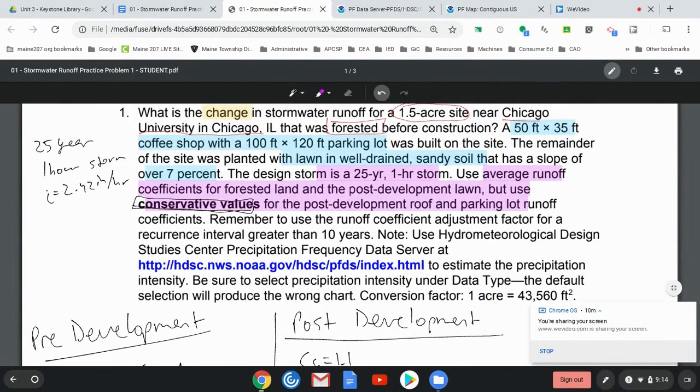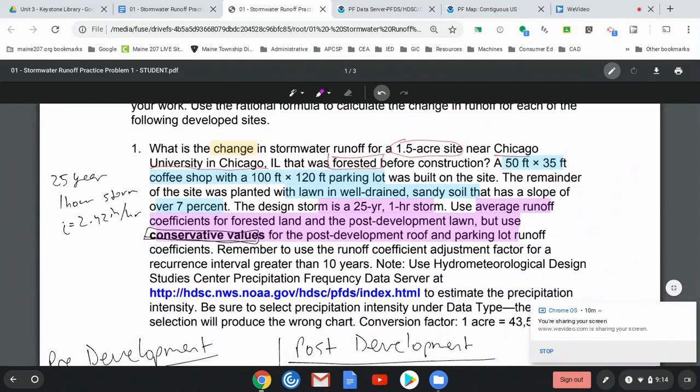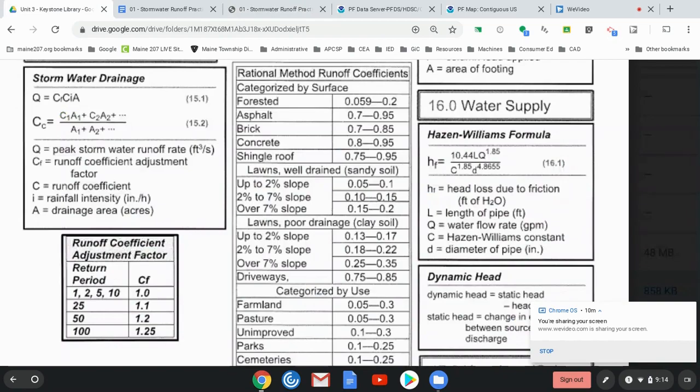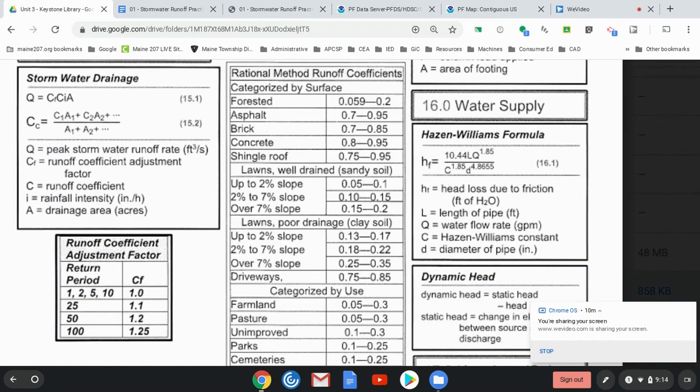All right, and then for the grass area, it did say we could use average values, right? So use average runoff for the forested and the post-development lawn. So post-development lawn, it said well-drained, sandy soil, slope over 7%. Let's see, lawns, well-drained, sandy soil, slope over 7%. It's between 0.15 and 0.2, so again, an average there.